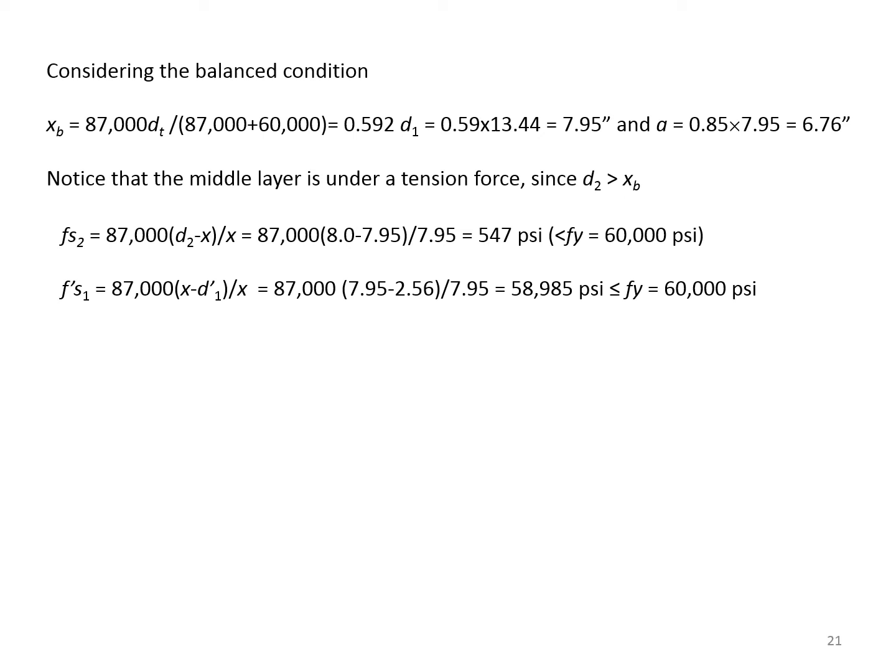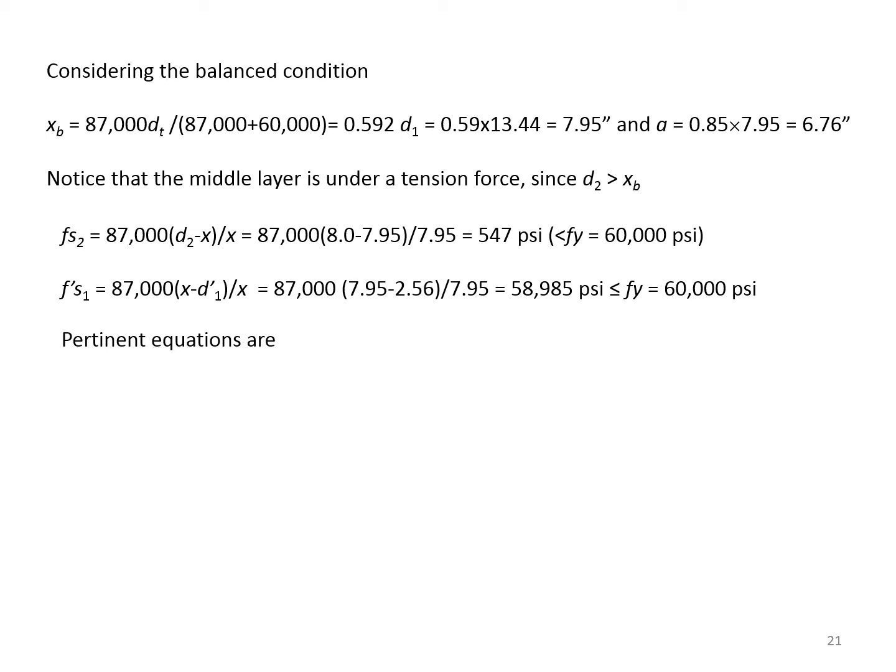Once we find these stresses, make sure to check them against the upper values of 60,000 psi. The absolute value of these stresses cannot exceed 60,000 psi. For Fs2, we find a very small amount, 547 psi, and for F's1, we find 58,985 psi. And notice that Fs2 is under tension, F's1 is compression.